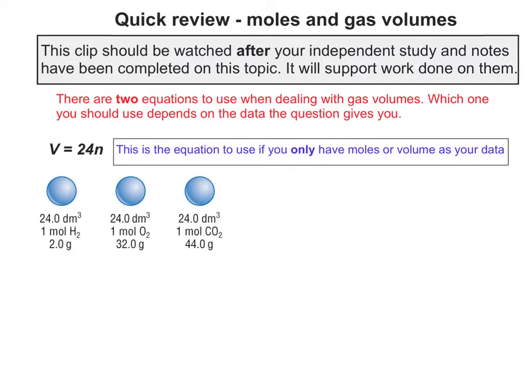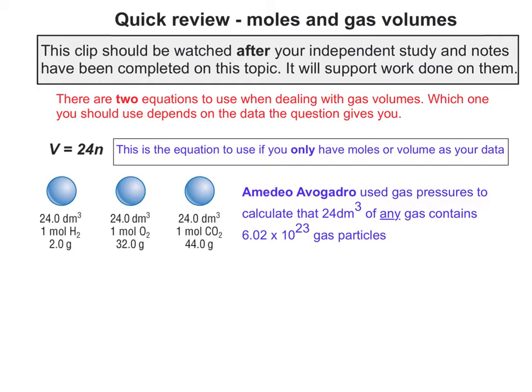If you only have moles or volume as your data, in other words a limited amount of information, you use the equation V equals 24n. Going back to Amedeo Avogadro and his constant, 6.02 times 10 to the power 23, he was able to use gas pressures to calculate that 24 decimetres cubed of any gas contains that number of gas particles.